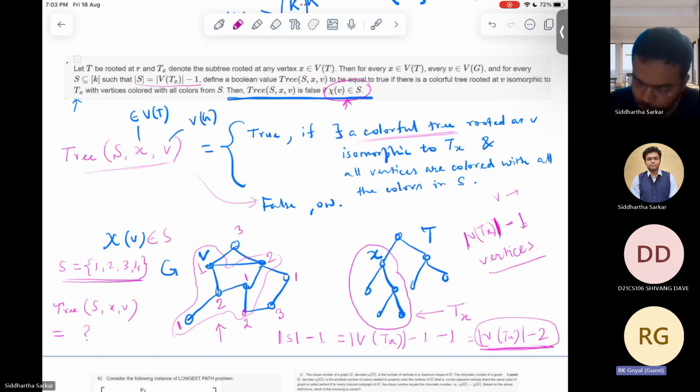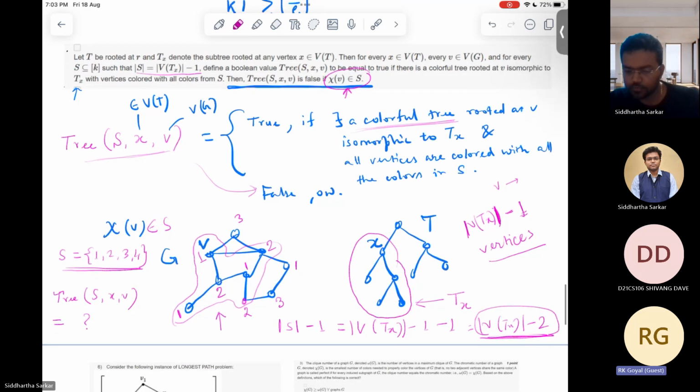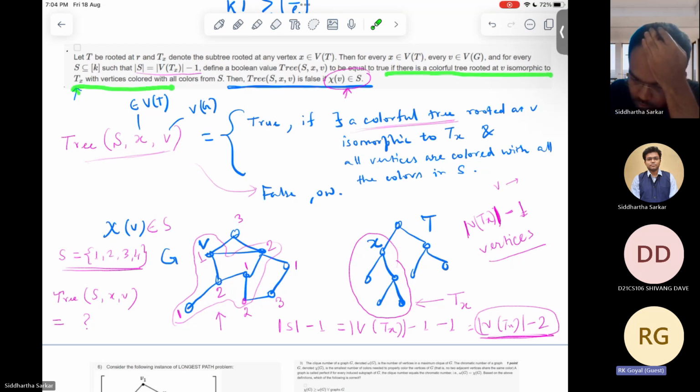No, it's not clear actually. So when the value of this tree is true, and when will it become false? So if we can find a mapping of what you wrote here in the explanation, that if there exists a colorful tree rooted at the vertex V isomorphic to the Tx, then its value is true, and false otherwise.